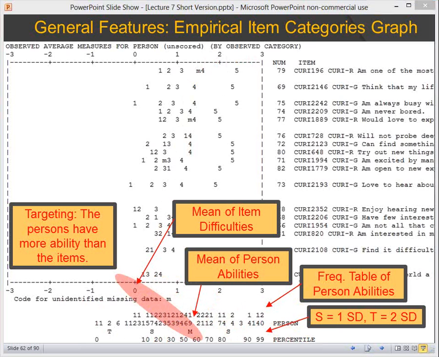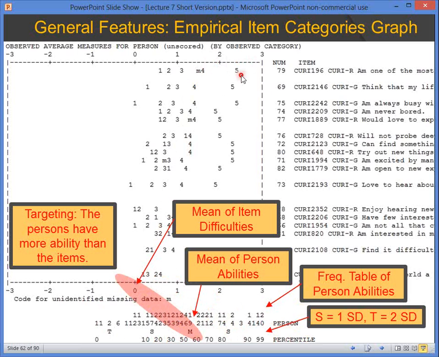Here we're getting much more detailed information about how the different levels of the Likert type item span the trait. So even though the targeting is somewhat off here at the bottom, you can see that the mean of the item difficulties and the mean of the person abilities have some distance between them, something over a logit.